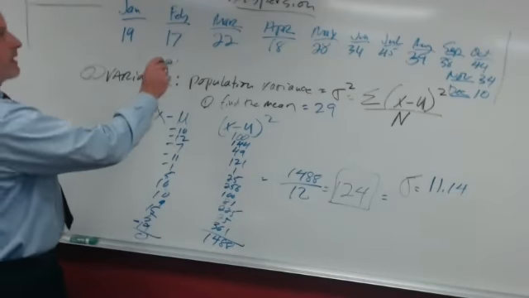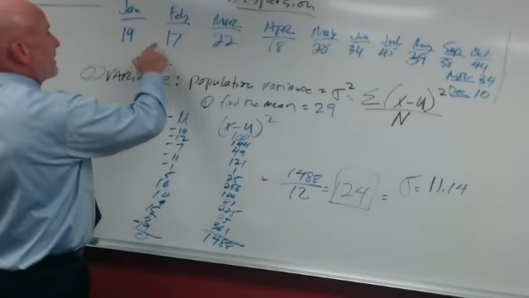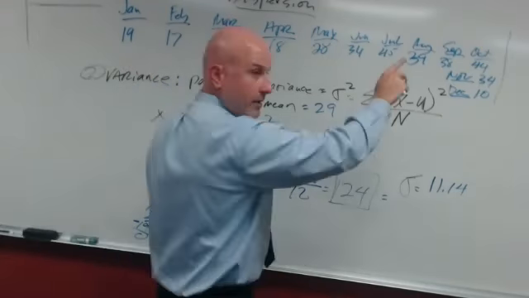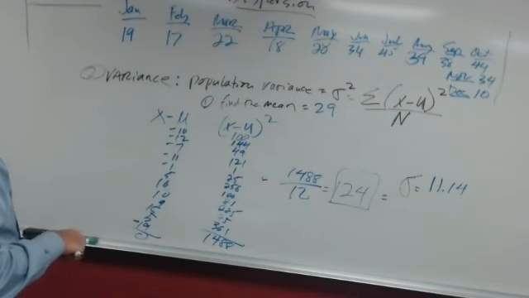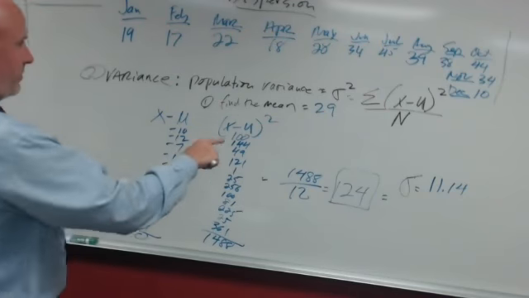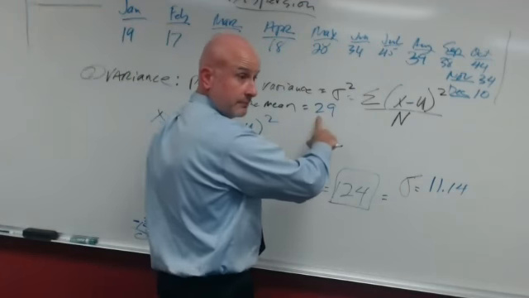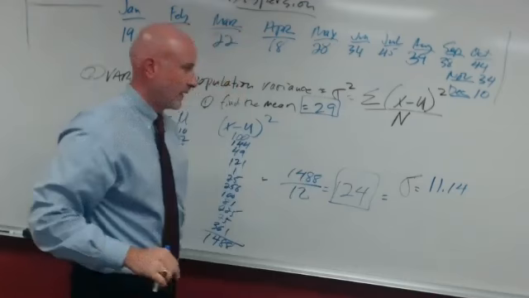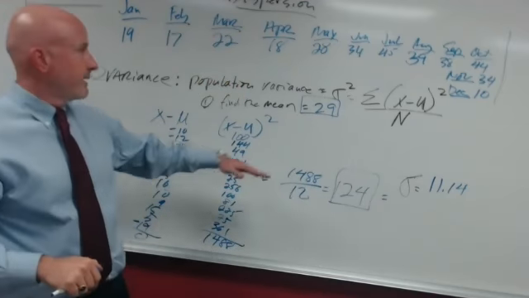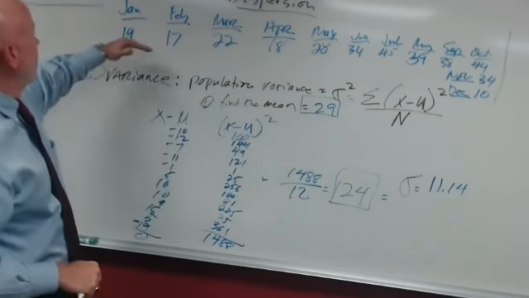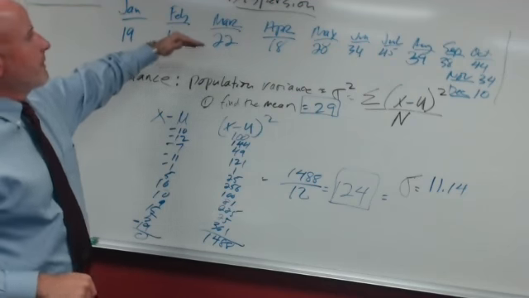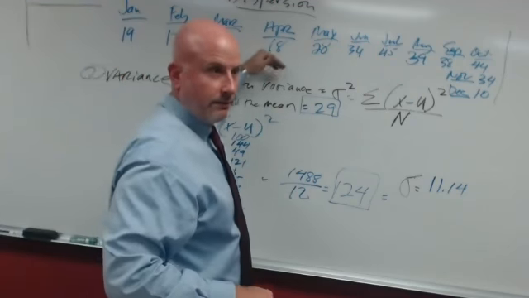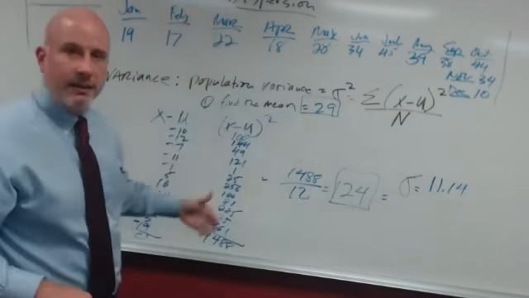Okay, so if we're looking at the dispersion, here we're talking about the number of citations written in each month. We said that the average was 29. You with me? Does that mean that every month we had a difference of 29?